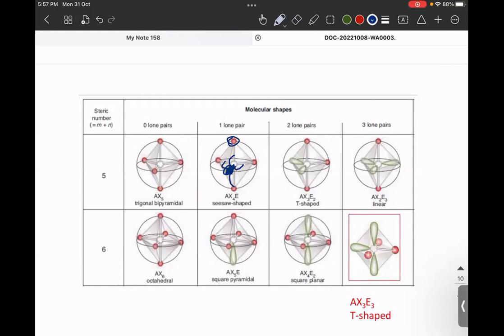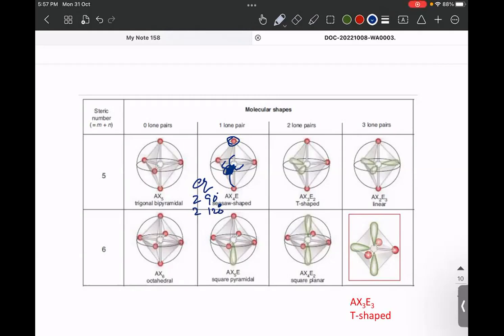So if it is equatorial, that means 2 90-degree lone pair bond pair repulsions, and 120-degree lone pair bond pair repulsion. Am I right?